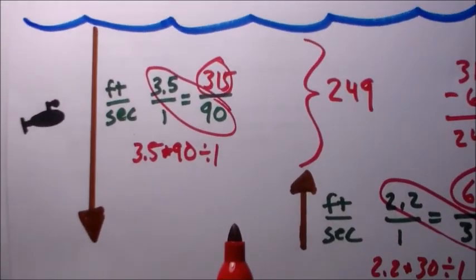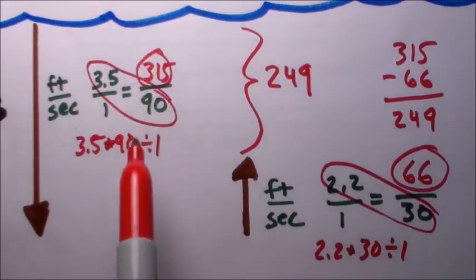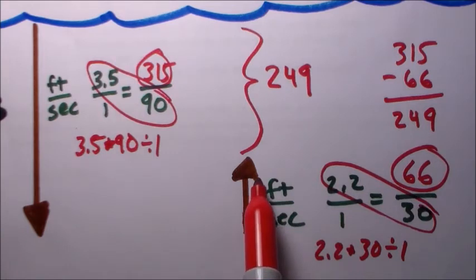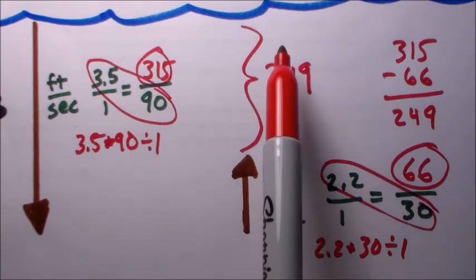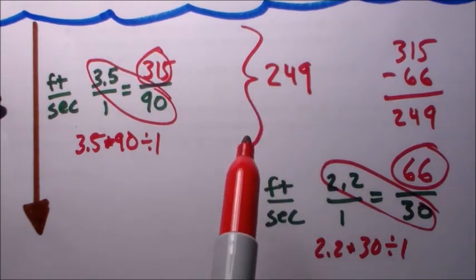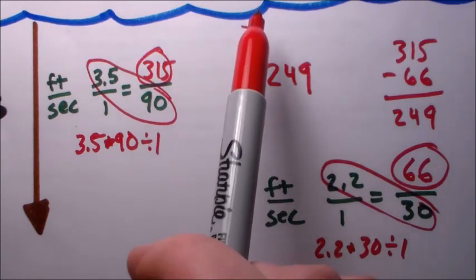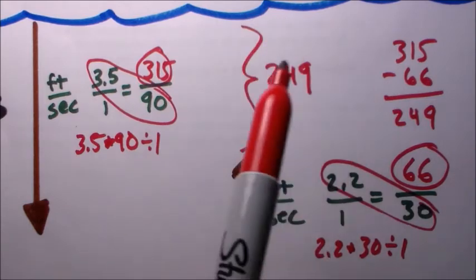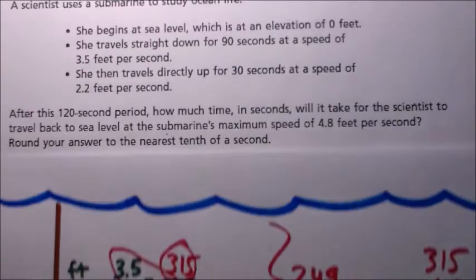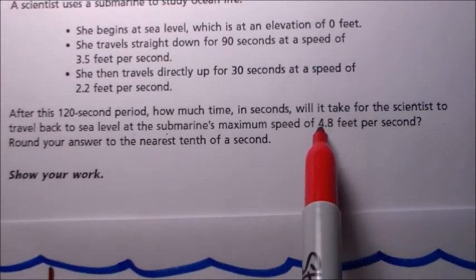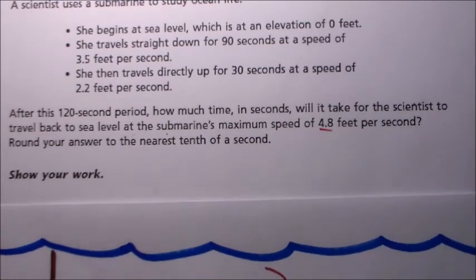So you travel down 315 feet, you travel back up 66 feet, you are 249 feet left to go from where you are to the ocean, to sea level. And you want to travel that 249 feet at the submarine's maximum speed of 4.8 feet per second.